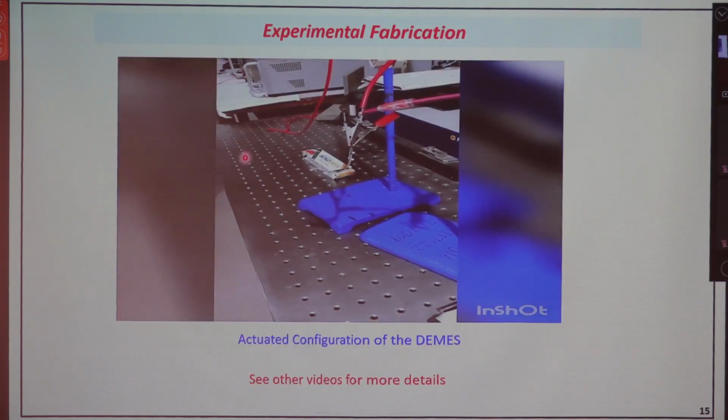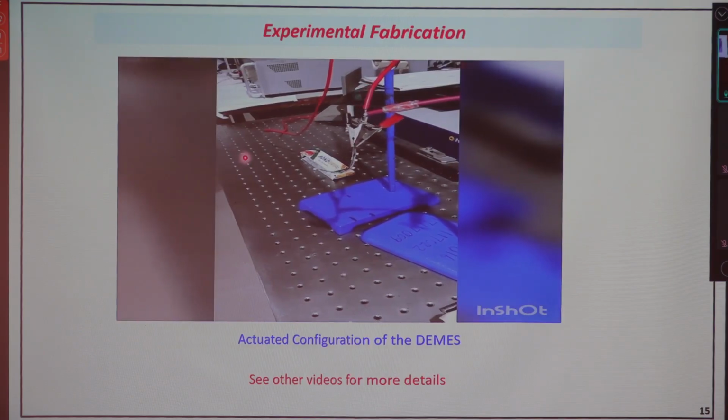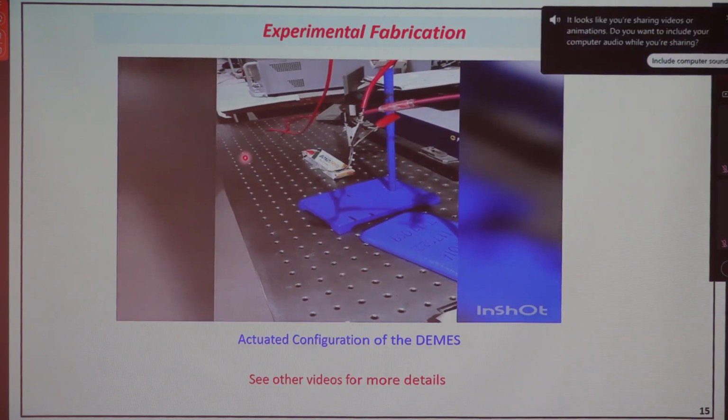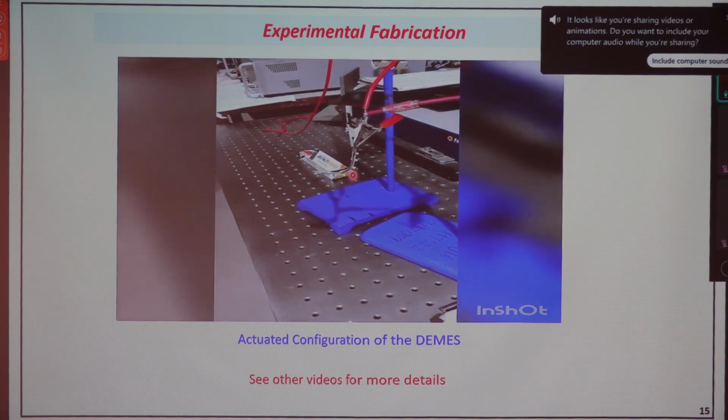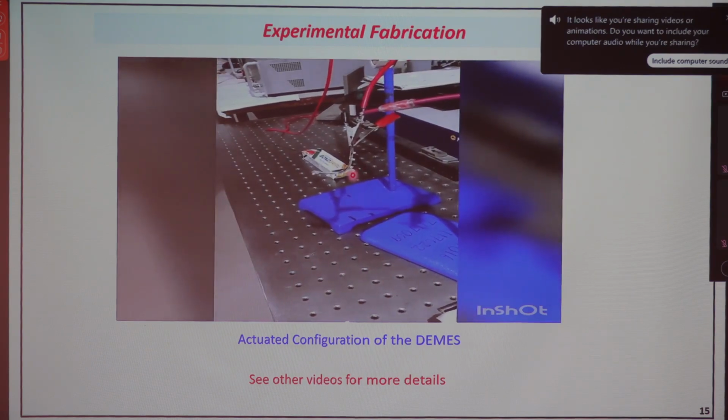So this is the experimental fabrication, you can see. We are getting a very good actuation. It's not that it has very little actuation. That actuation keeps on increasing, or we can tune it depending upon the voltage supply and the frequency that we have discussed.